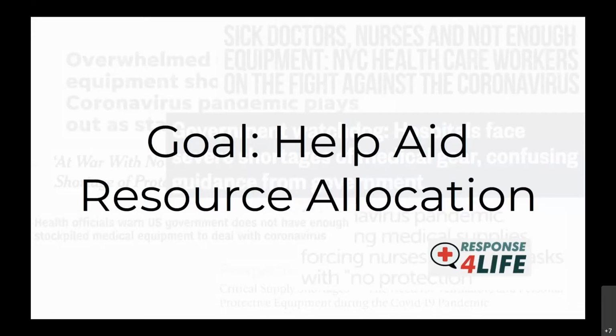The overall goal of Response for Life was to distribute PPE, face shields, and other medical supplies to hospitals in need. And we signed on to help Response for Life figure out which hospitals are in need of PPE and medical supplies before things become too dire.